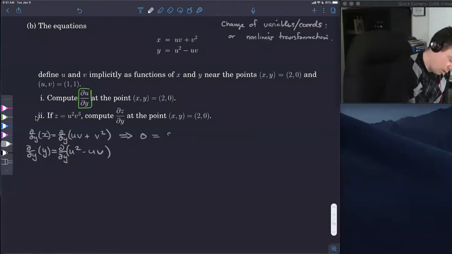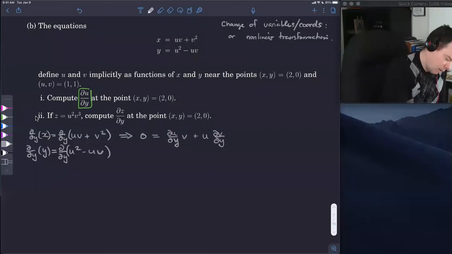So it's going to be the derivative of u with respect to y, and then, sorry, that should be a y, not a v. The derivative of u with respect to y times v, and then plus u times the derivative of v with respect to y. And then I've got a plus. The derivative of v squared with respect to y is the derivative of the outside, which is 2v, times the derivative of v with respect to y.